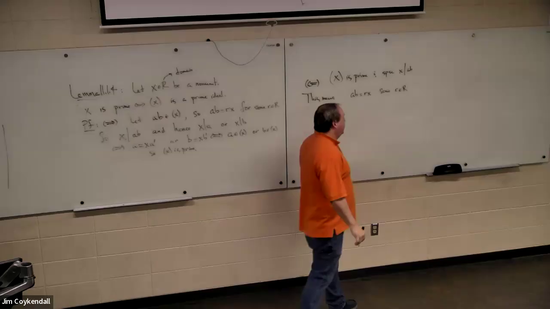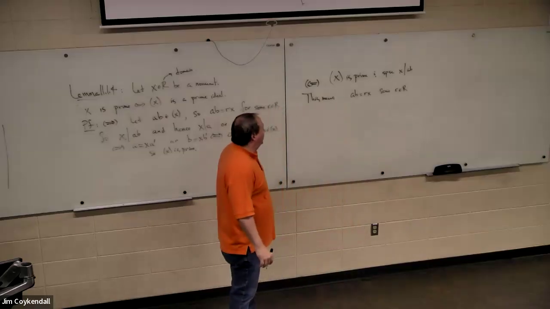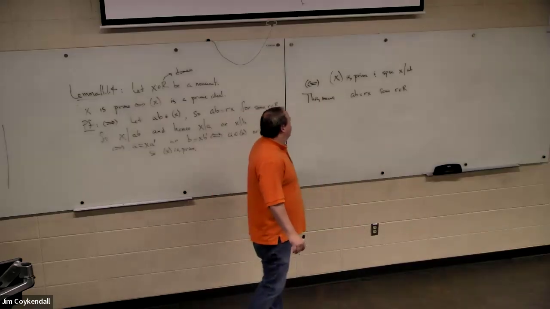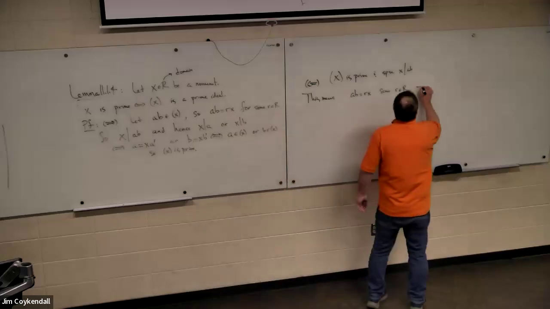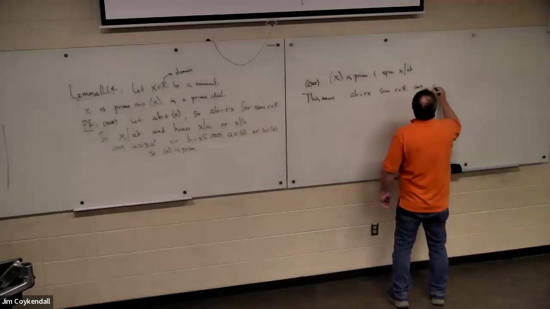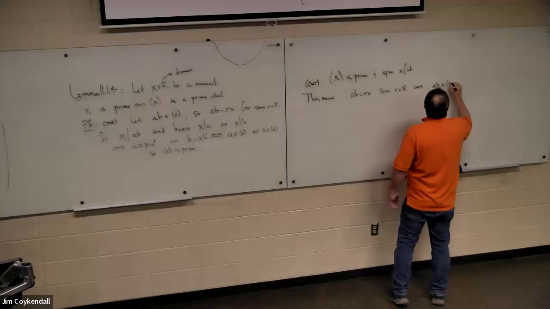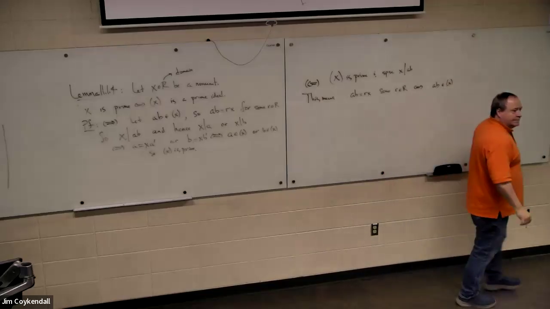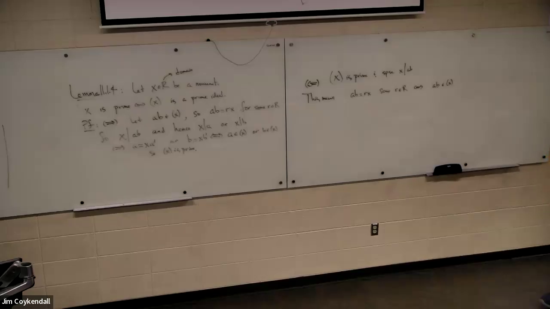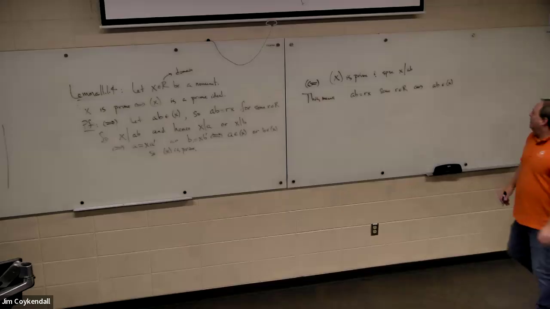That's what it means for X to divide AB, which is equivalent to AB being in the ideal generated by X. But I know that the ideal generated by X is prime.